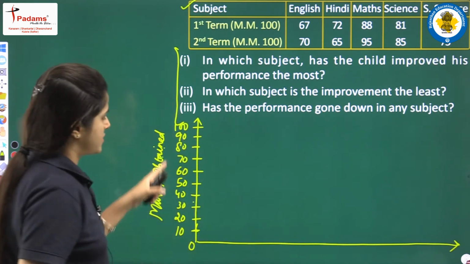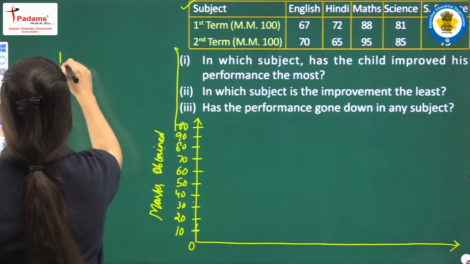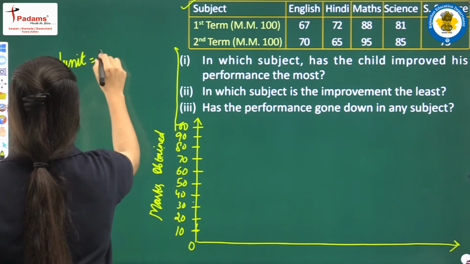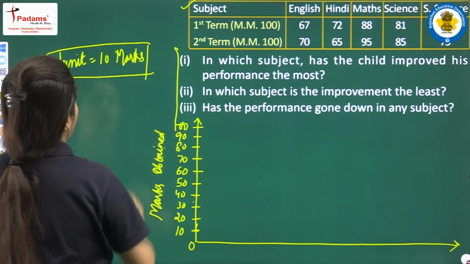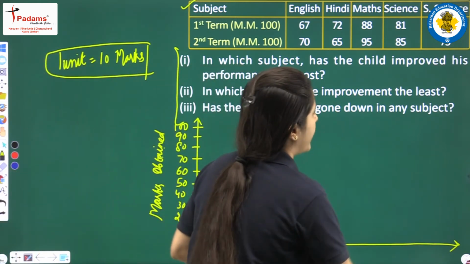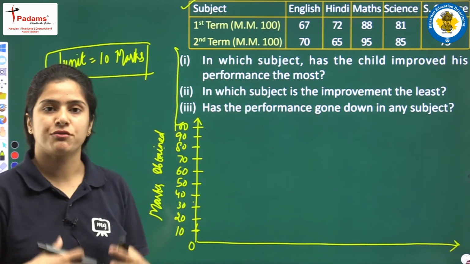Okay students, so this is the scale. Basically, 1 unit is equal to 10 marks. Now here will be the bars that we'll be making for different subjects.